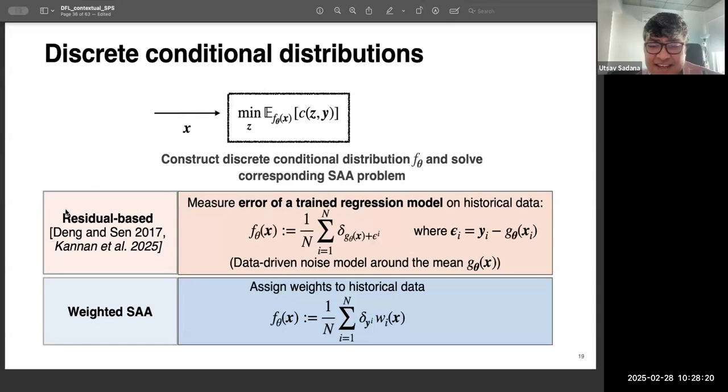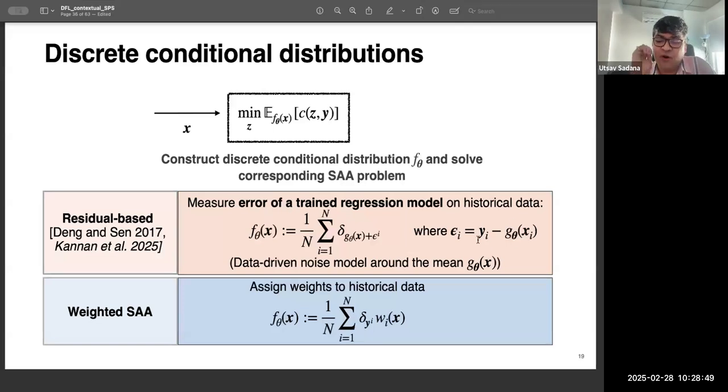The first one is this residual based approach, the idea of which I think occurs in Deng and Sen in 2017, and recently the paper by Kannan and others was published in 2025. So basically what you do here is you take your data, you fit a regression model, you get your mean, and you compute what errors your model is making on the data.